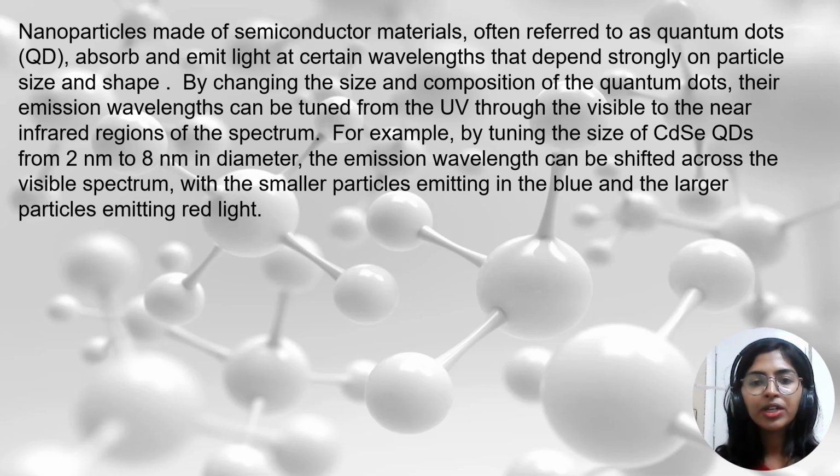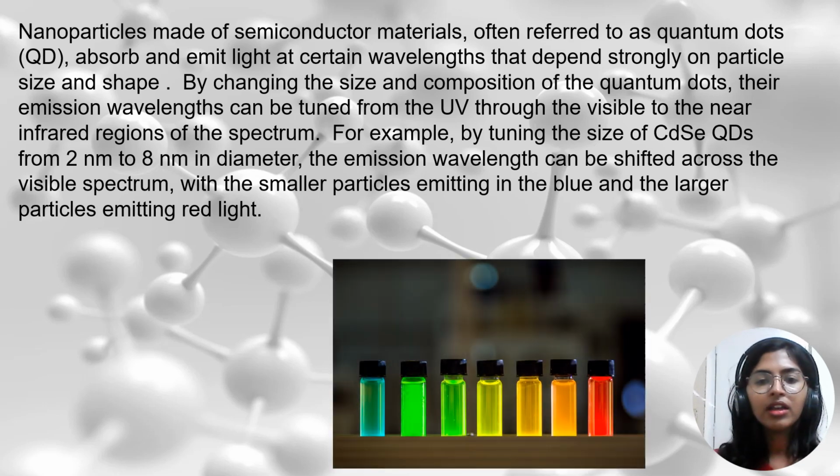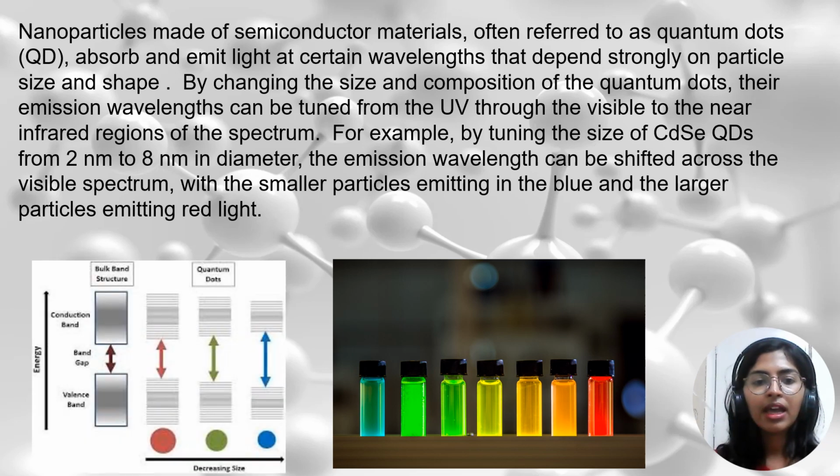For example, by tuning the size of cadmium selenide quantum dots from 2 nanometer to 8 nanometer in diameter, the emission wavelength can be shifted across the visible spectrum, with a smaller particle emitting in the blue and the larger particle emitting in red. The figure here shows cadmium selenide quantum dots. And this is what I have discussed previously. The change in band gap distance is giving out wavelengths of different colors and thereby we see different colors.